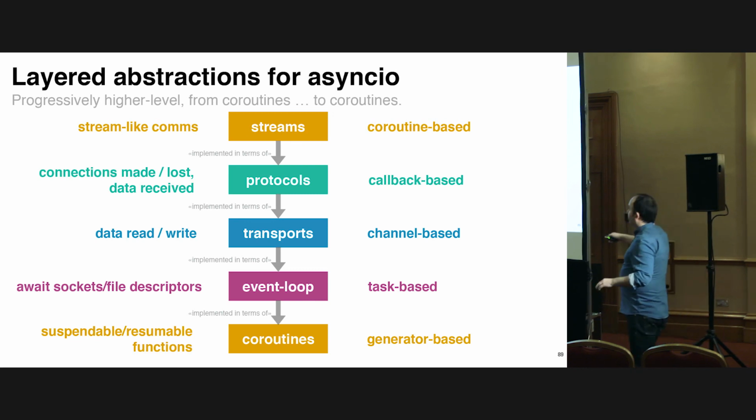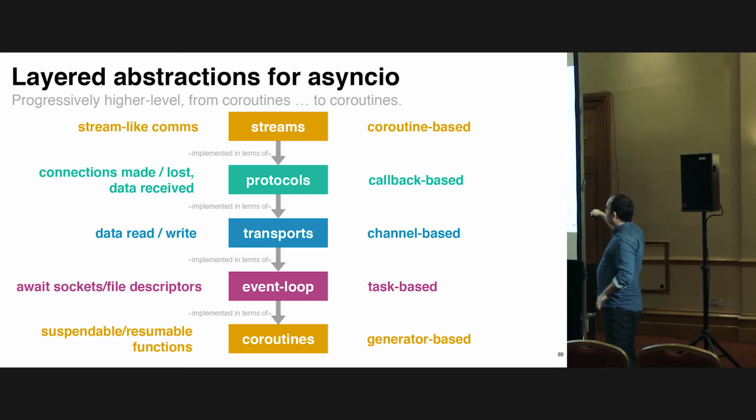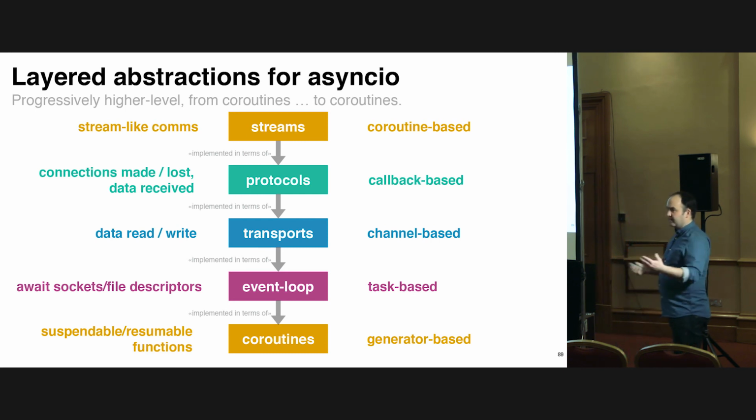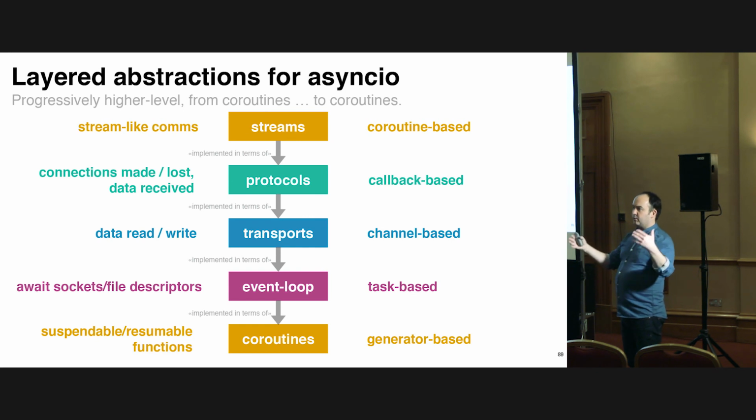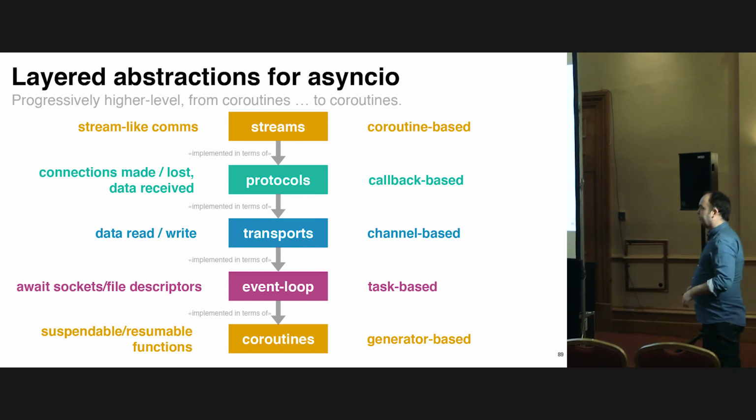So all that code was written at the protocol level, which is callback based. I'm going to show you the same chat server written in a coroutine-based style using the Streams API now. It's so functionally equivalent that the two chat servers will talk to each other.